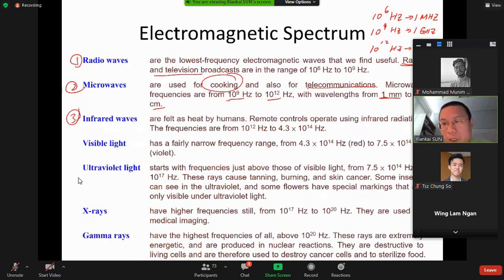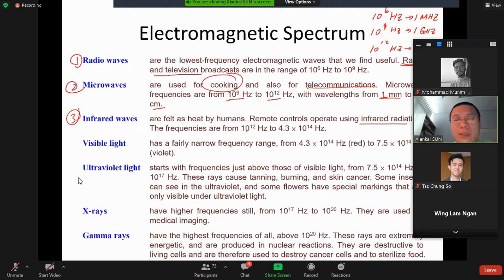Also, remote controls operate using infrared radiation. The frequency is from 1 terahertz to 430 terahertz. The next one, visible light.